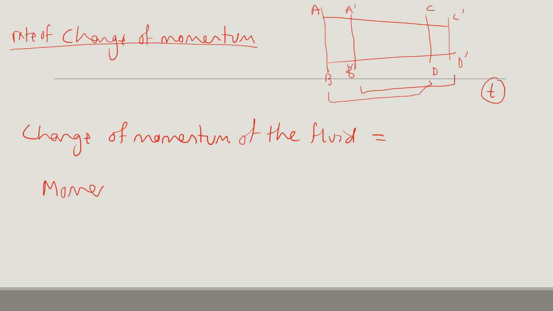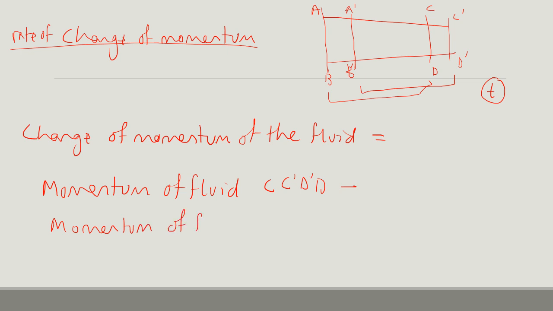Momentum of fluid C prime D prime D, minus momentum of fluid A prime B prime B. That is the momentum of the fluid here. You can see we are making the red dots, minus the momentum of the fluid here.